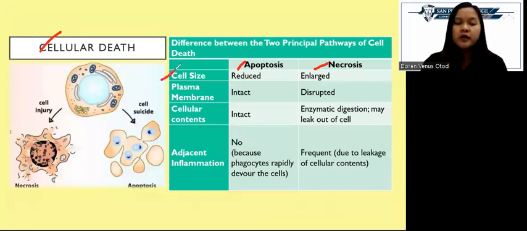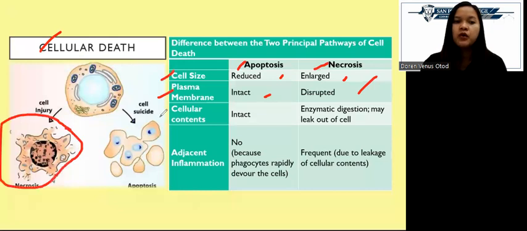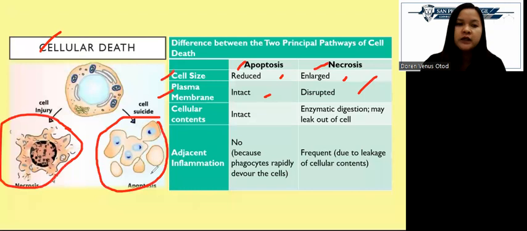According to cell size, an apoptotic cell will be reduced, while necrosis is enlarged. So there is swelling. And then the plasma membrane is intact for apoptosis and disrupted for necrosis. This is our reference photo on what the cellular death looks like in apoptosis and necrosis.